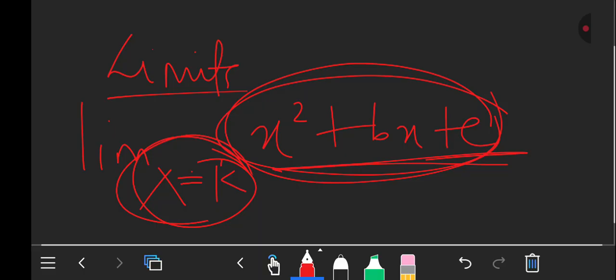Okay, but there are certain things you need to understand even before you can evaluate that kind of limit. Let's look at a certain scenario whereby you've been given, let's say, limit as x is approaching maybe 3.